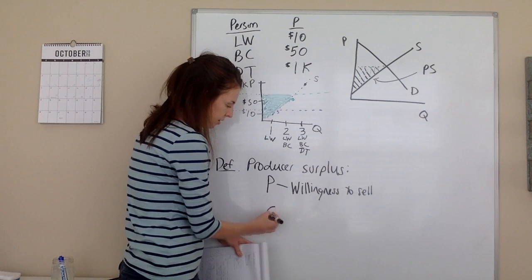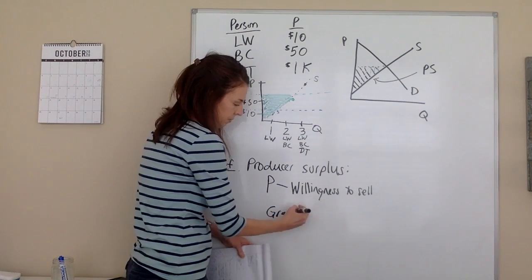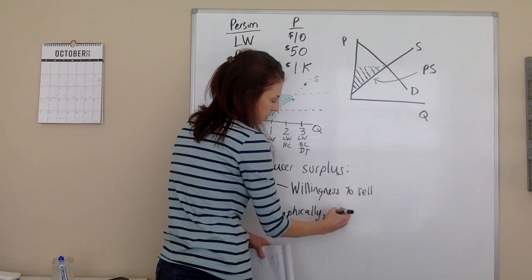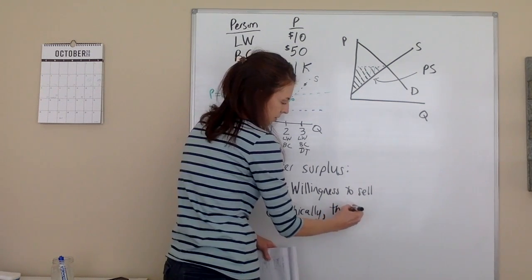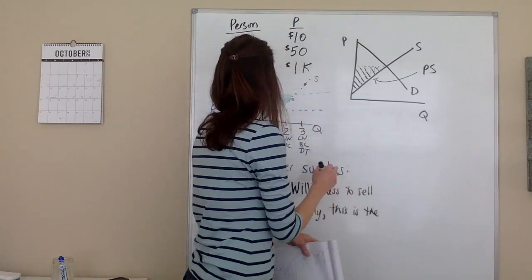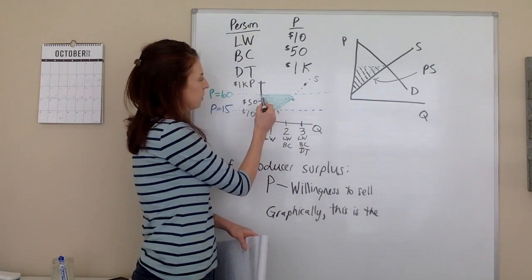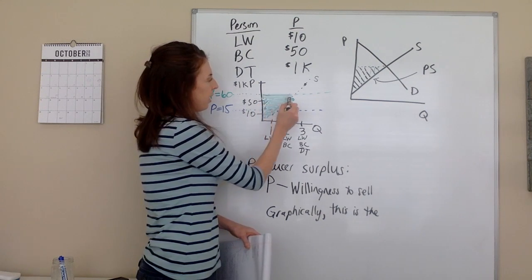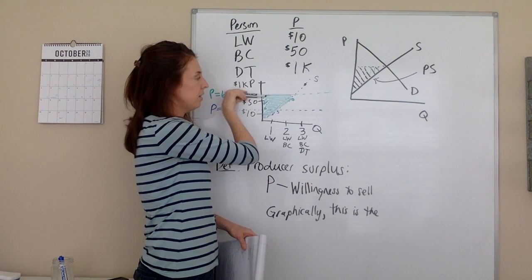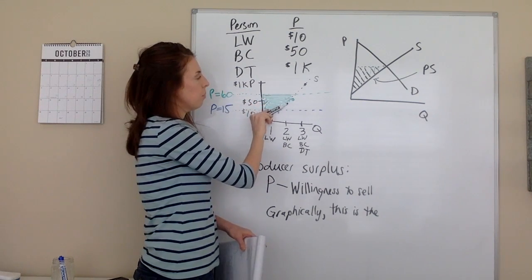Okay, graphically, this is the triangle. The triangle is equivalent to the area underneath the price that is currently in the market and above the supply curve.